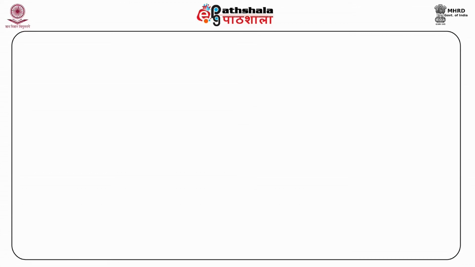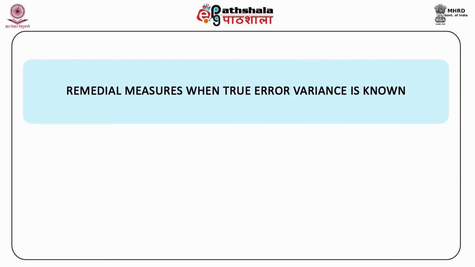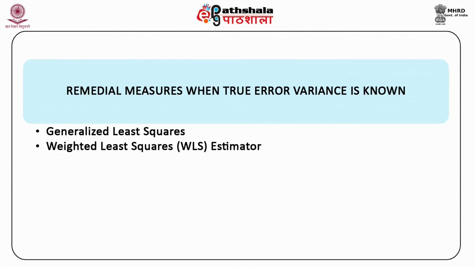There are various methods available which can assist in rectifying heteroscedasticity. These measures can be classified into two categories. First, remedial measures when the true error variance is known, which include generalized least squares and weighted least squares estimators as the most popular ones.